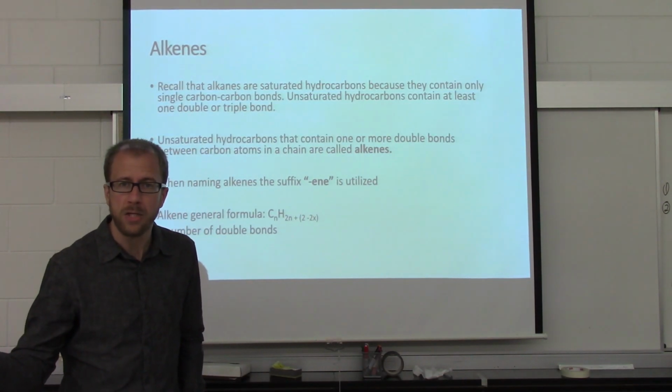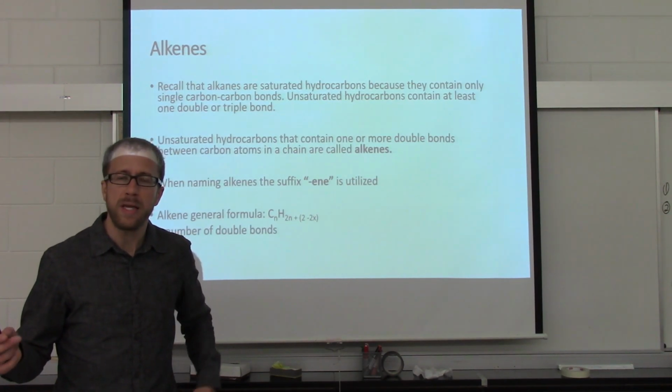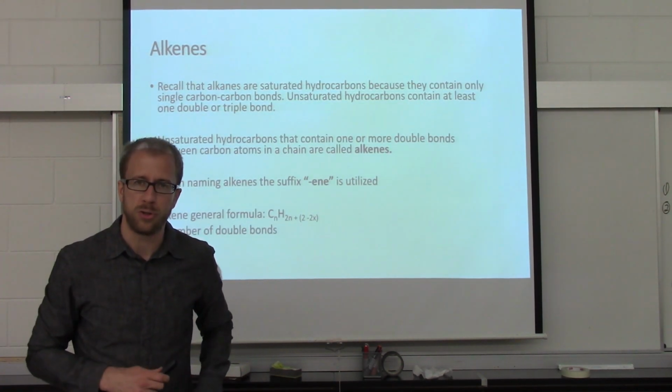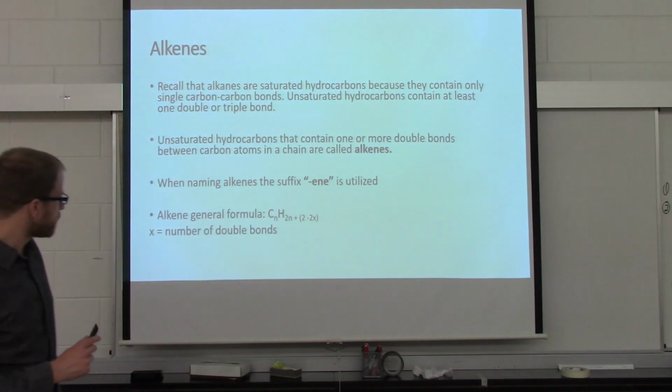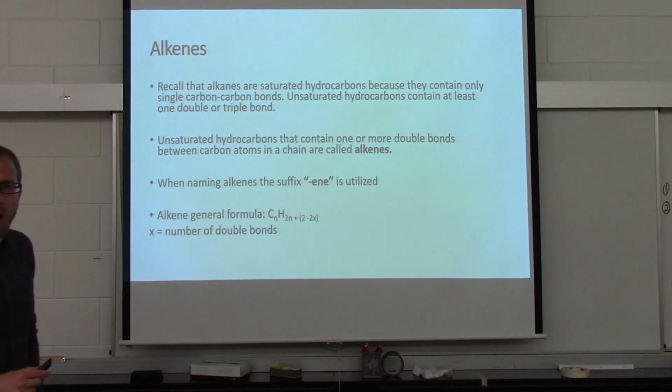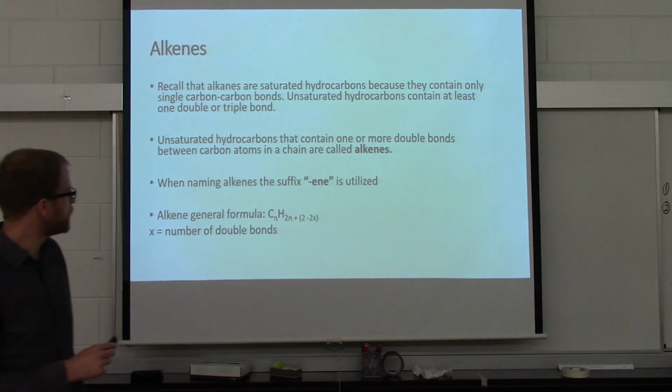Well, you have 2 less hydrogens, right? What's taking that place is now another covalent bond between your 2 carbon atoms. Right? X here represents the number of double bonds.